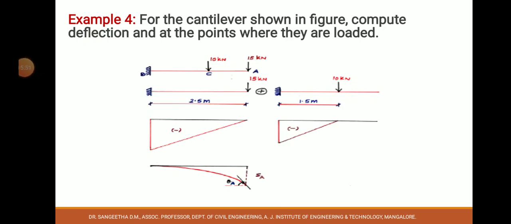So when you are doing for theta C, the ordinate across theta C for this triangle has to be found out. For the 15 kilonewton load, it will be till this point. So in this figure, you have to find the ordinate corresponding to 10 kilonewton.